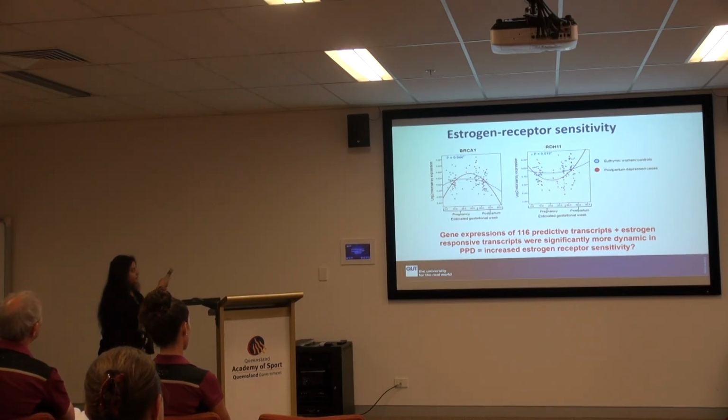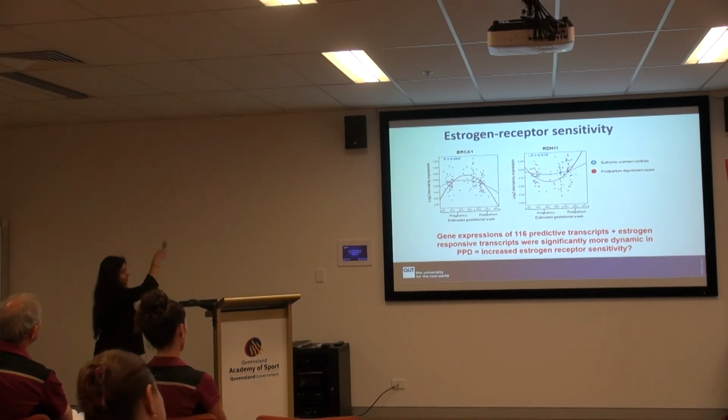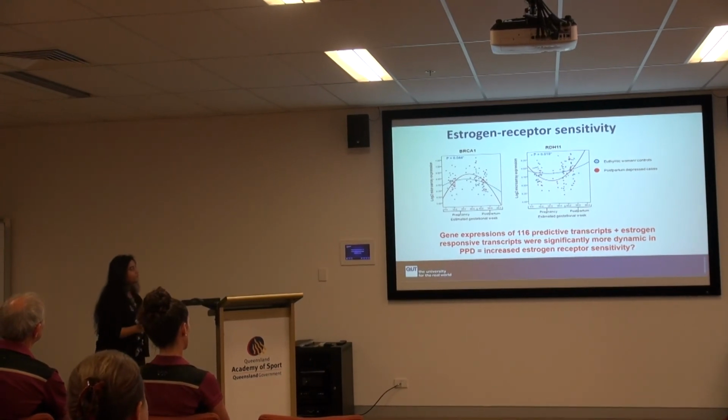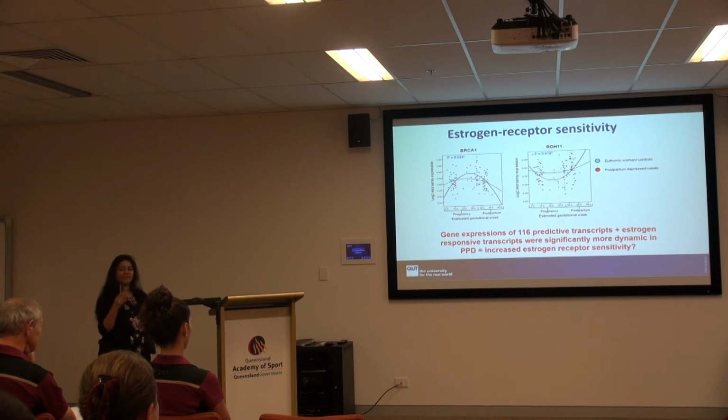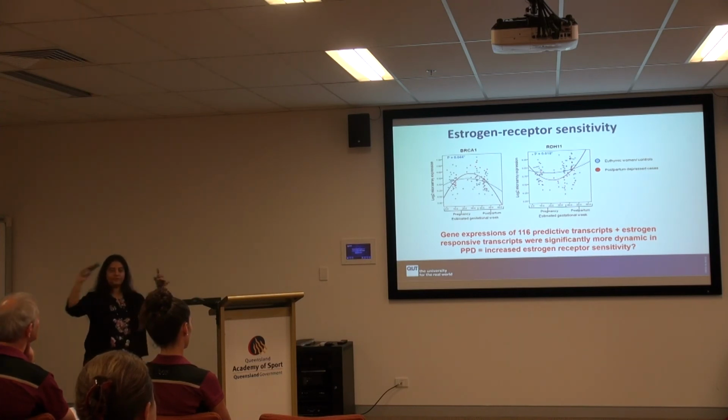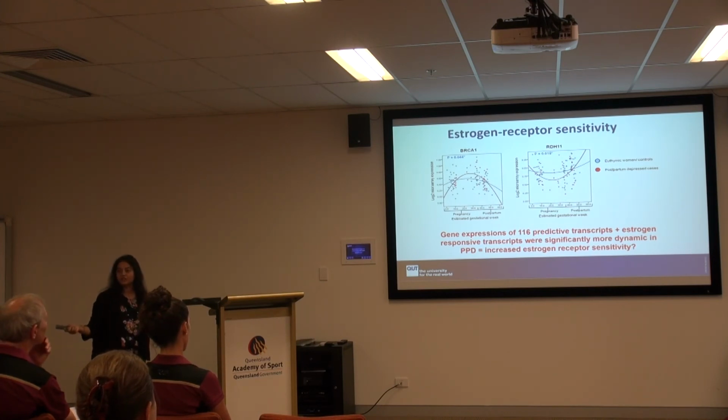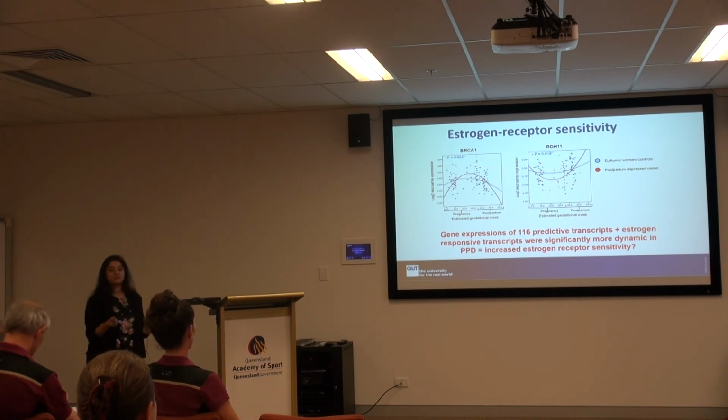If you look at the graphs here, this is the gene expression of just 2 genes, and in blue you have the control women, and in red you have women with postpartum depression. You can see that the gene expression in the control women is quite controlled, very similar. But the women with postpartum depression have very dynamic changes in gene expression. So this really points us towards the estrogen receptor sensitivity theory.